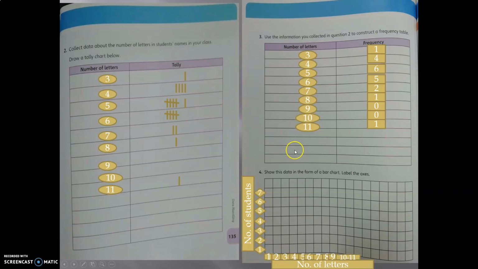If we go back to our frequency table here, we start. Do you have anyone whose name is made of 1 letter? No. Do you have anyone whose name is made of 2 letters? No. Do you have any students in your class whose name is made of 3 letters? Yes. How many? Only 1 student.